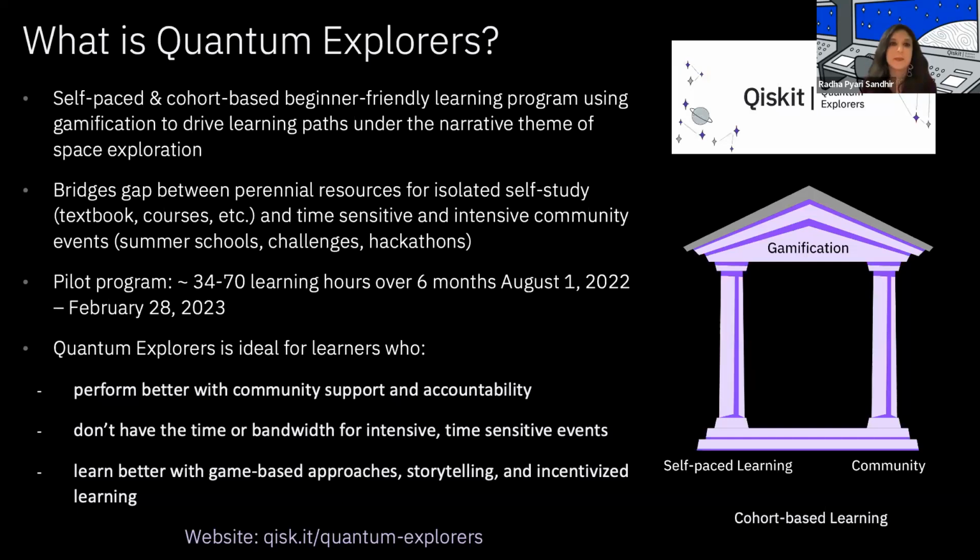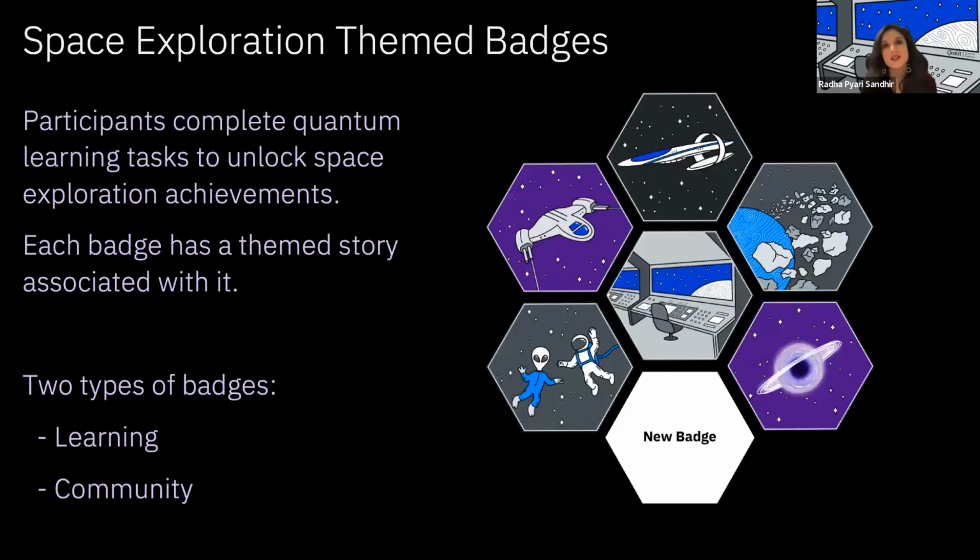In this program, participants work towards unlocking space exploration themed achievements by tackling quantum labs, completing assessments, participating in community events, and more. The achievements come in the form of these badges shown here, each with a themed story behind it, pertaining to things like navigating asteroid fields, winning a space battle, first contact, and other space exploration themed stories.